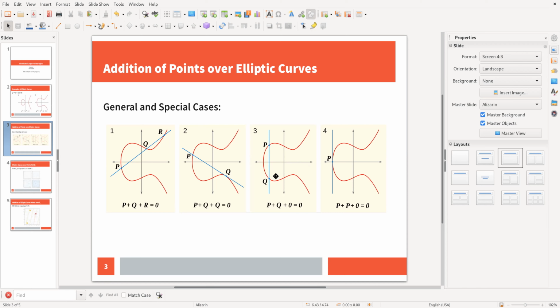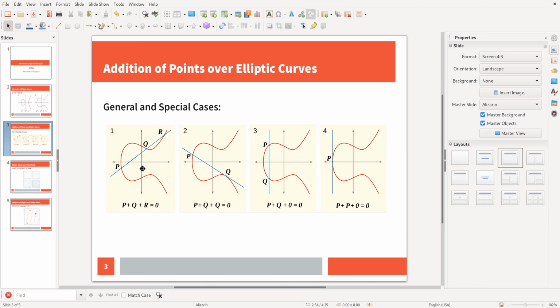So basically, I'm trying to give an informal introduction here. We are somehow defining addition of points lying on an elliptic curve. So, for example, in this case, all these 3 points, P, Q, and R, add up to 0, which is the same as infinity in our definitions.